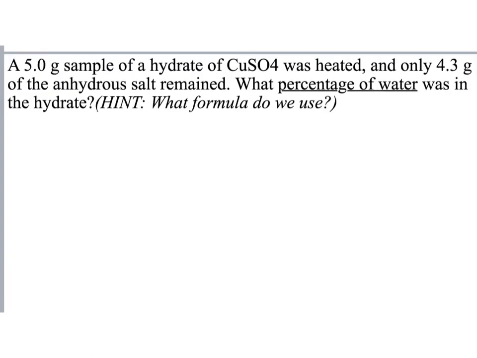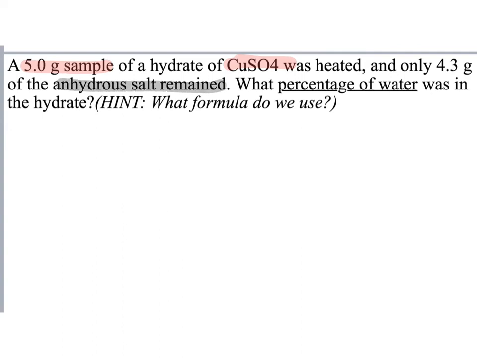Now let's look at a couple examples on how to solve these problems. What we have here is a much more complicated situation in terms of the wording, but the problem solving itself is not that much worse. So we have a 5-gram sample of this hydrate, CuSO4, and it was heated until only 4.3 grams of the anhydrous salt remains.